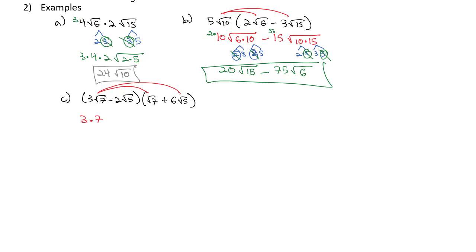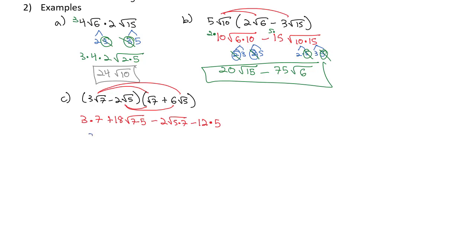What if we do 3 times 6? That's 18. Square root of 7 times 5. 2 root 5 times root 7 is negative 2 times the square root of 5 times 7. And negative 2 times 6 is negative 12 times the square root of 5 times 5, which means we can pull a 5 out.